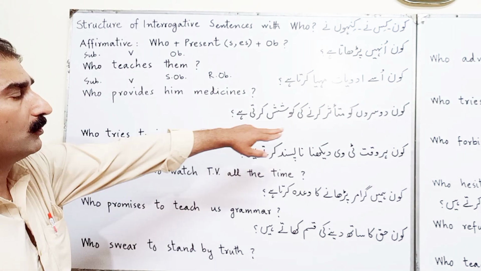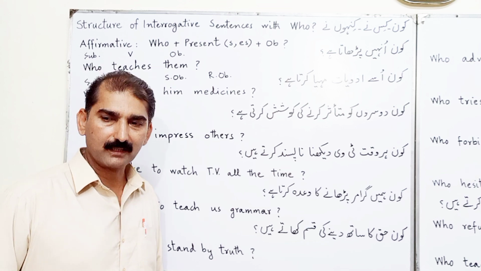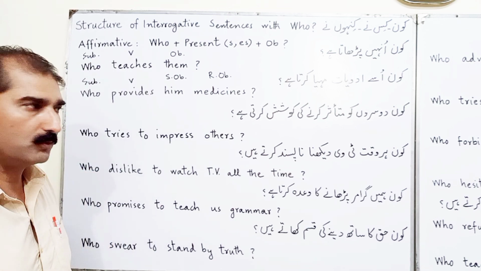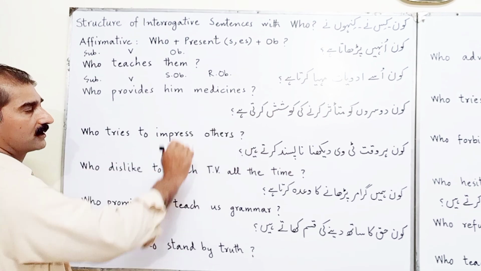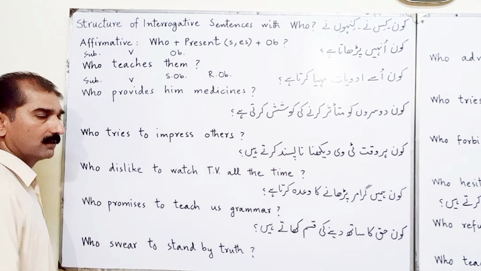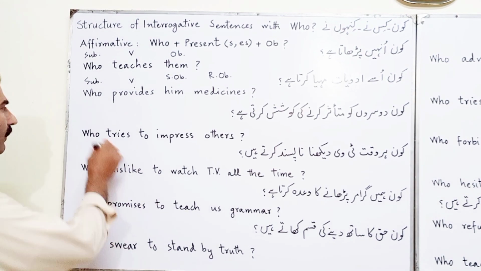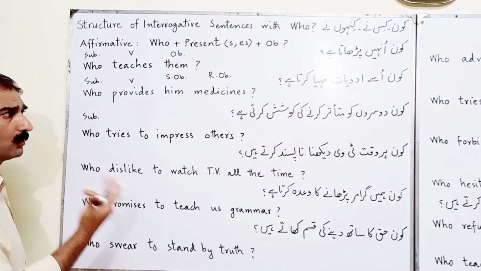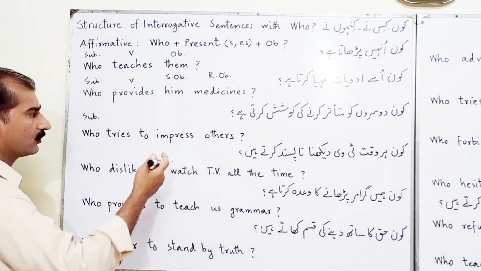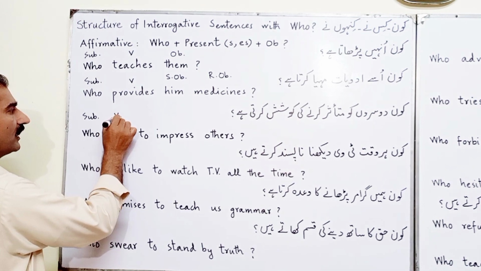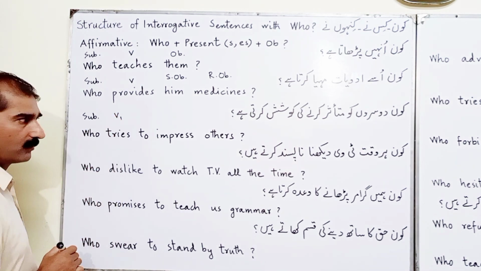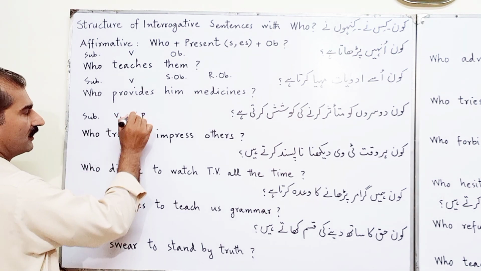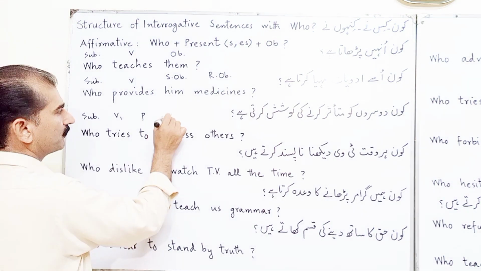Who tries to impress others? Who will serve here as the subject of the sentence. Tries will become the verb one. To serves here as a preposition. Impress is the verb second.